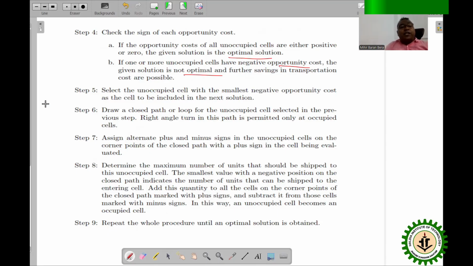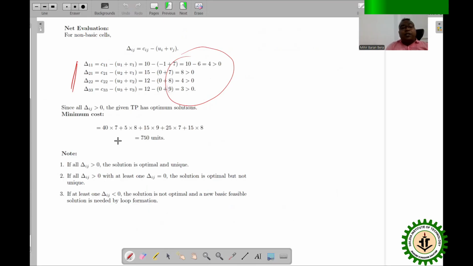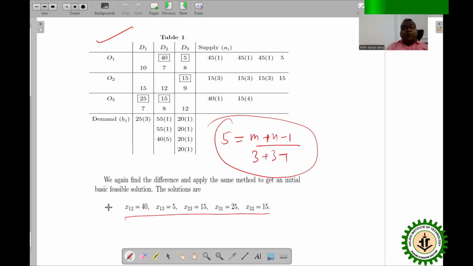In this particular problem, all delta ij are greater than or equal to 0, so the solution is optimum. Means the solution we got in this step is our optimum solution.